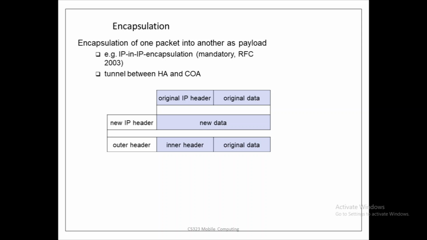So this figure shows exactly what the home agent at the tunnel entry does. New IP header, the outer header, then the new data, which is the inner header and original data.